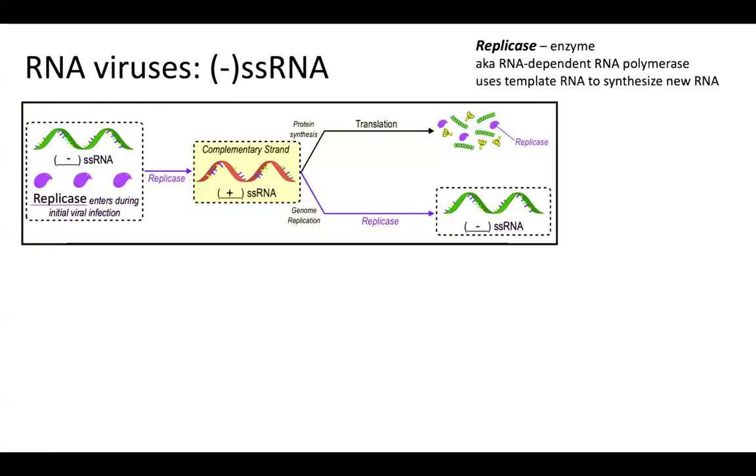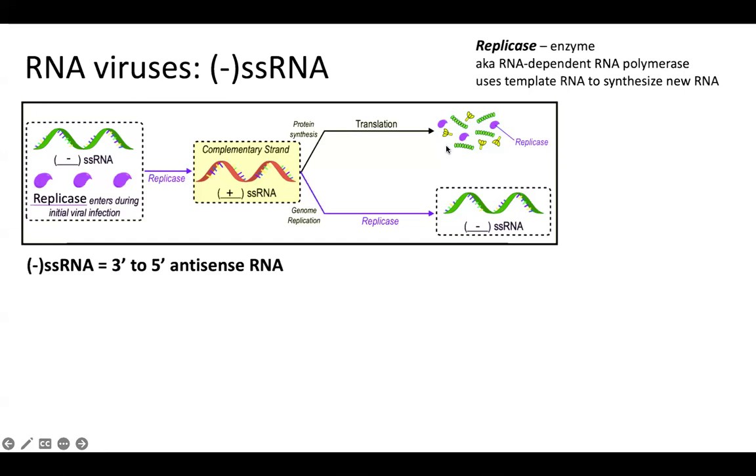When it was originally made, the replicase was made in the host cell, and now that it's infected a cell, it is going to use this replicase. And so it'll make the complementary strand, the positive or sense strand, which is the same as messenger RNA, the mRNA.